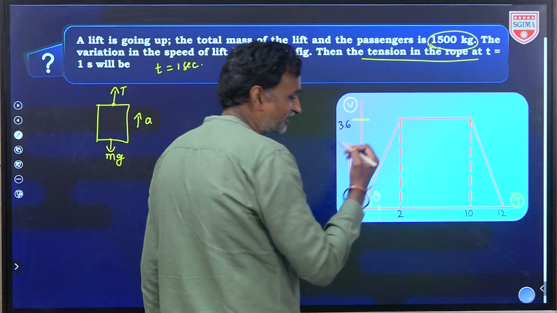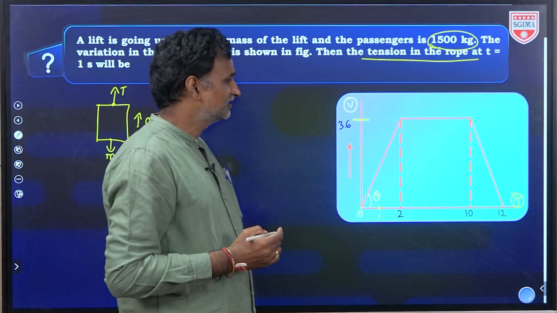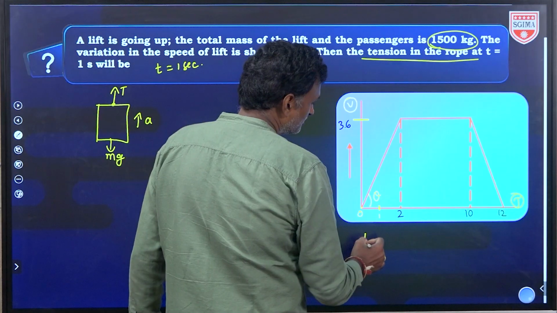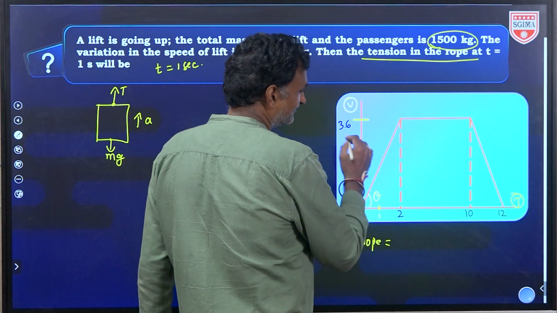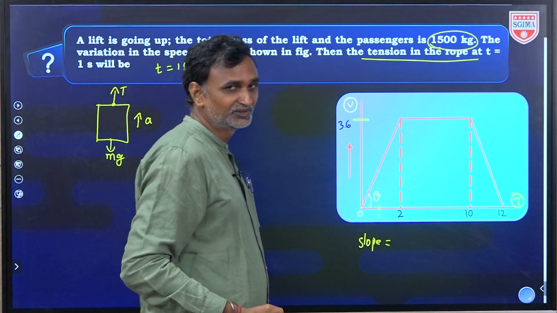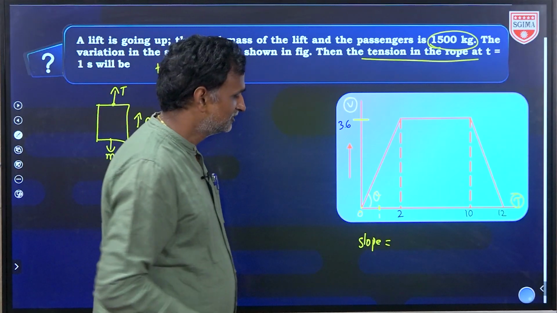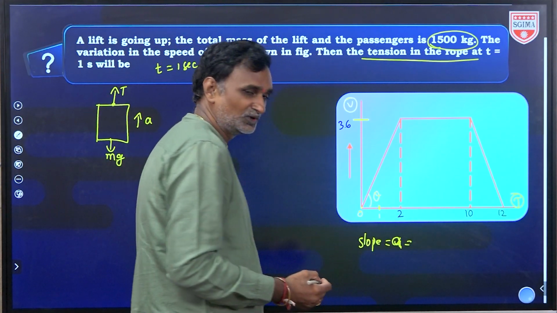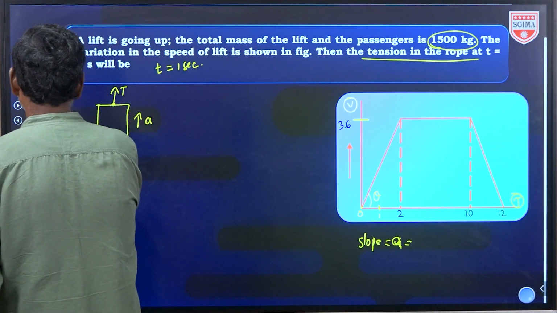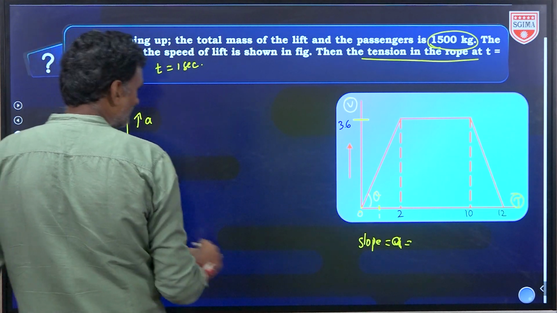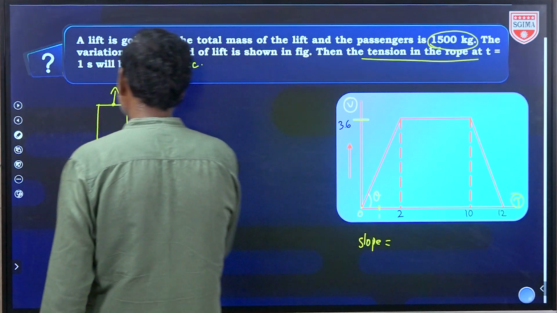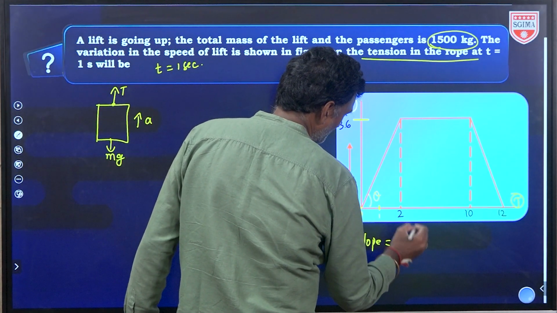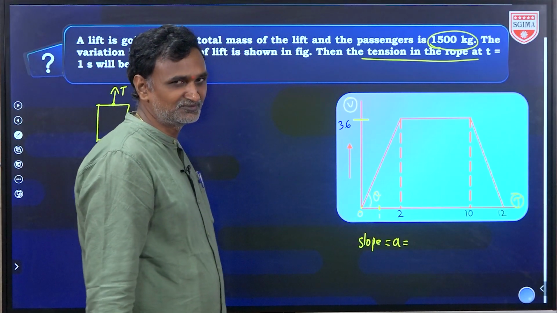From the kinematics concept, the slope of the velocity versus time graph gives acceleration. So definitely acceleration is present here, between 0 to 2 seconds, and 1 second lies in this range, so it has the same acceleration.